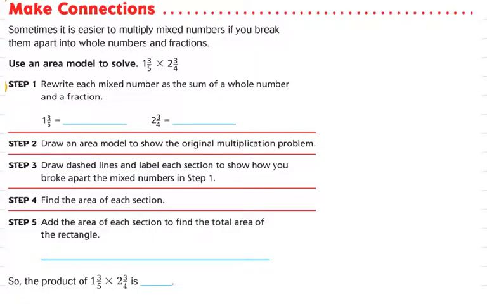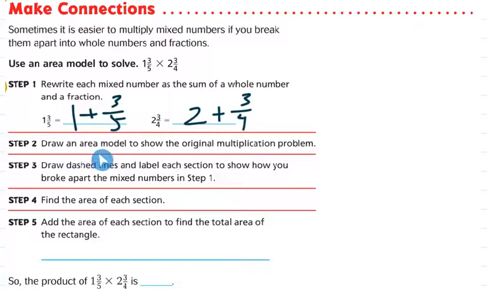So we're going to go on to the make connections. Sometimes it is easier to multiply mixed numbers if you break them apart into whole numbers and fractions. So we're going to use an area model to solve 1 3/5 times 2 3/4. So step 1 says rewrite each mixed number as a sum of the whole number and the fractional part. So we would write that as 1 plus 3/5 and 2 plus 3/4.